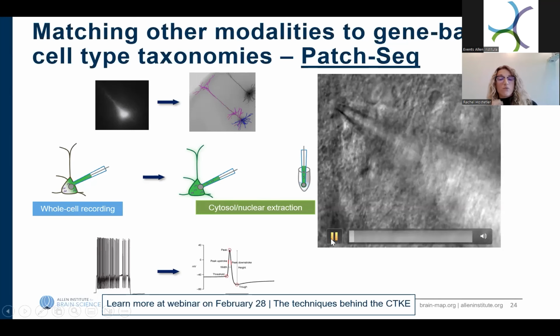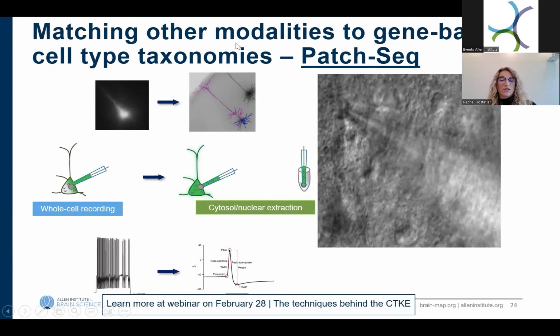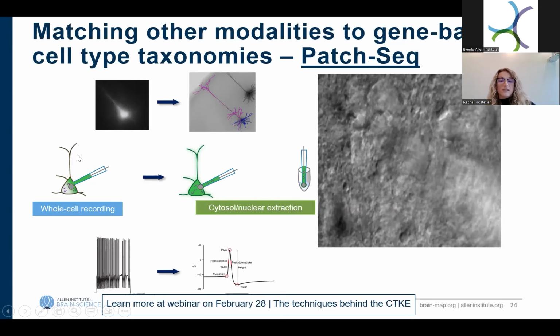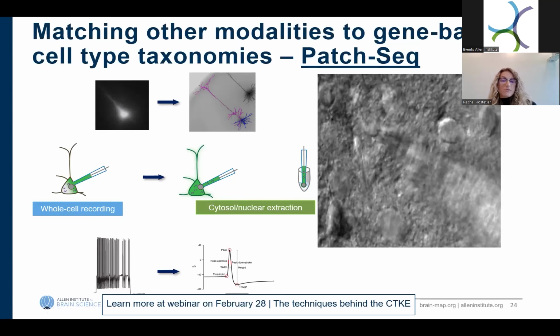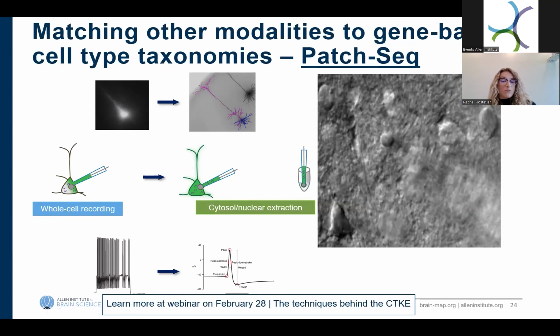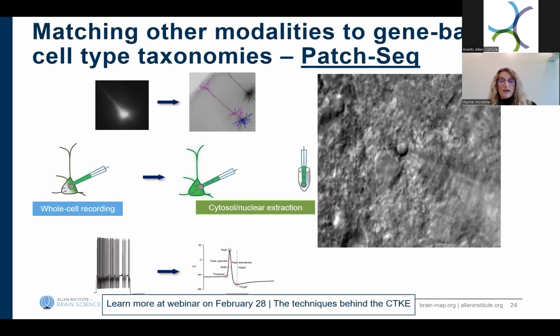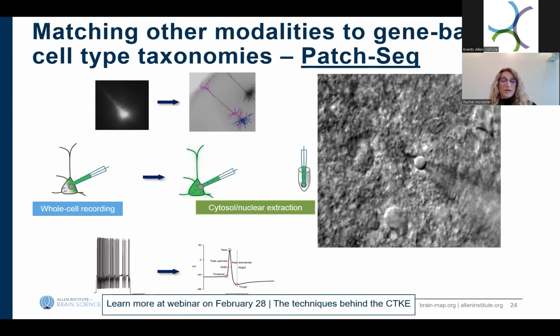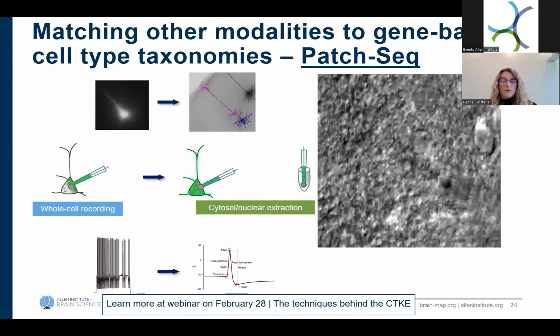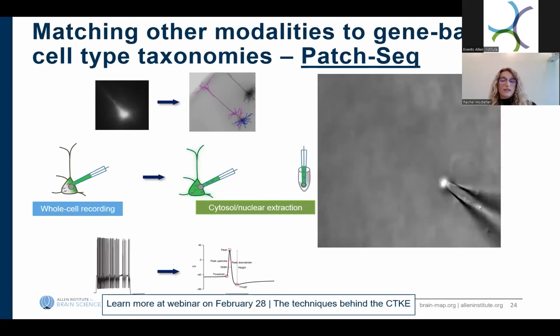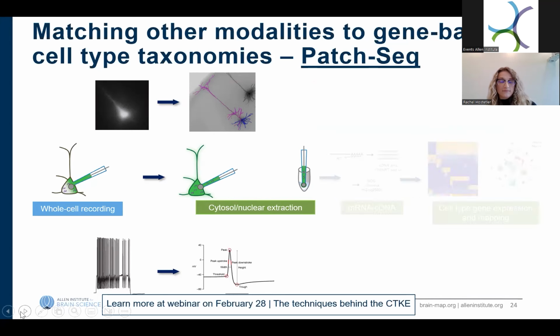And so here's a video of what it actually looks like to extract the nucleus from one of these cells. By combining electrophysiology, morphology, and transcriptomic analysis, we get a much more complete idea of who these cells are, what their identity is, and what their functions are.